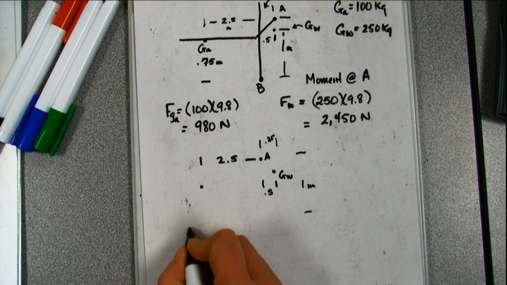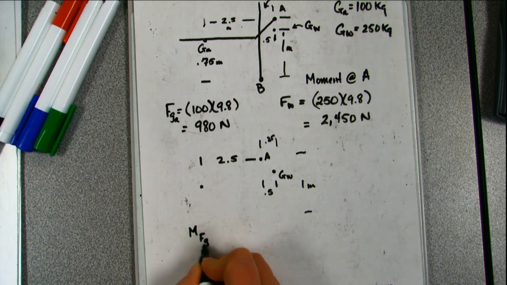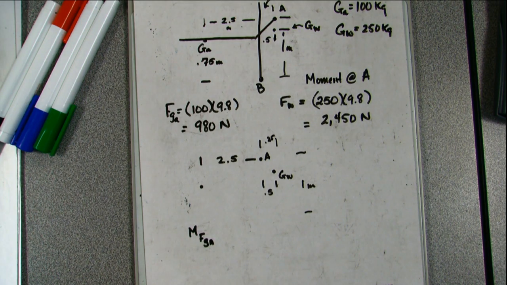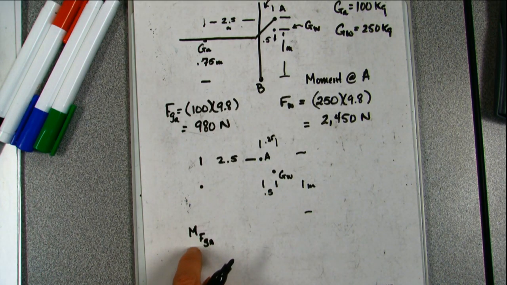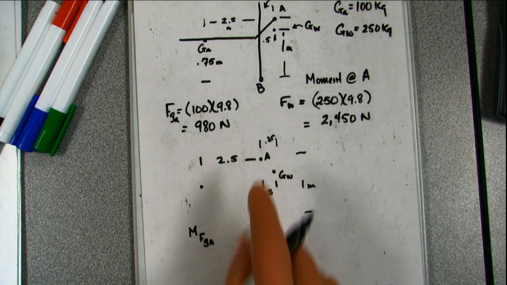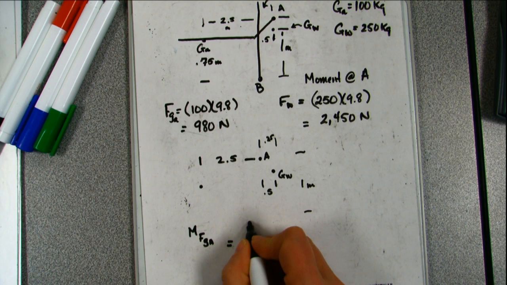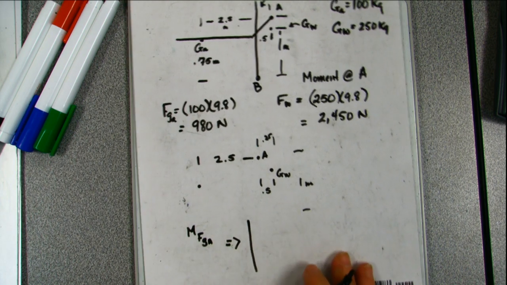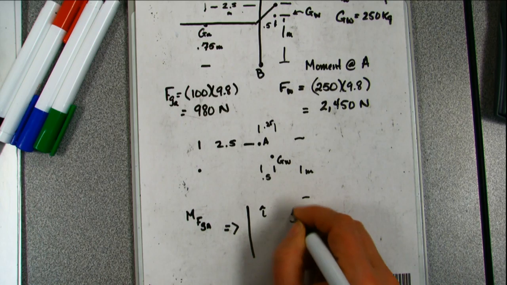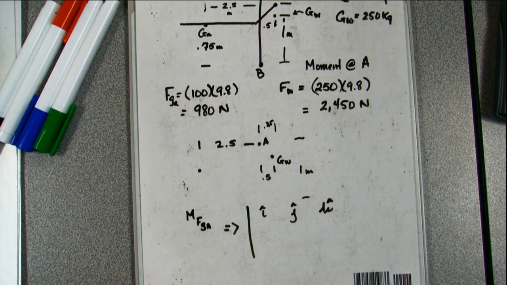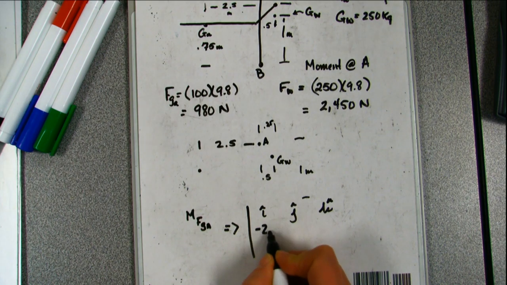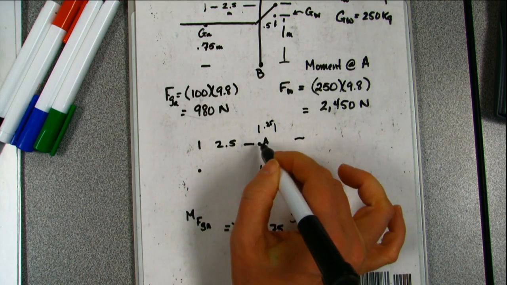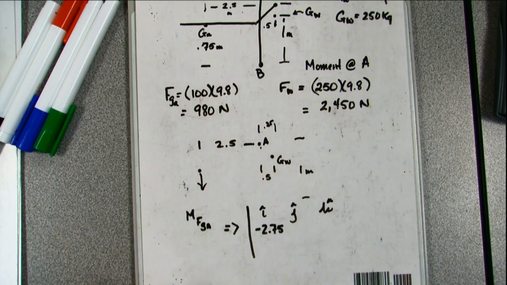So if I do the moment for the gate force about point A, my matrix is going to look like this: I, J, K. I've got 0.25 from the wall to that, so that's going to be negative, because this is my R vector for this spot from that one.